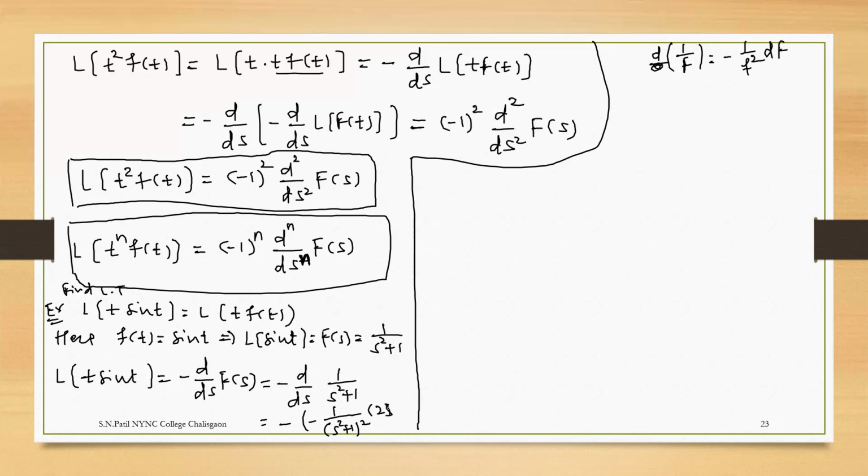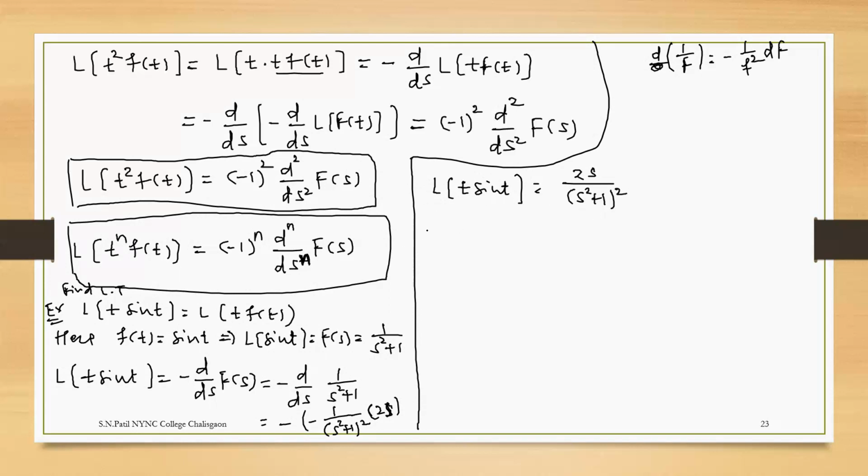The function is s square plus 1, so we get minus 1 upon function square, again the derivative of the function, and the derivative of s square plus 1 is 2s. So the Laplace transform of t into sine t is equal to, here minus minus plus. What is the remaining term in the numerator? Simply 2s divided by (s square plus 1) whole square.